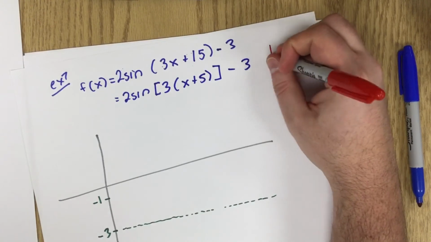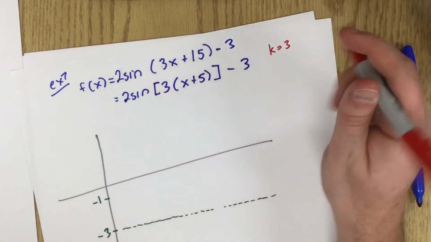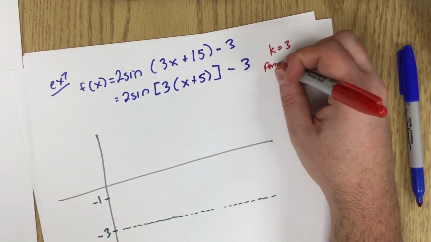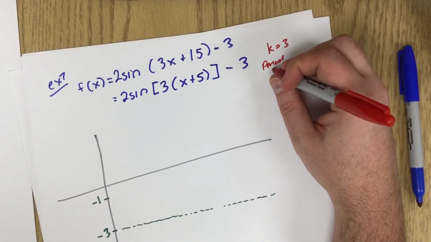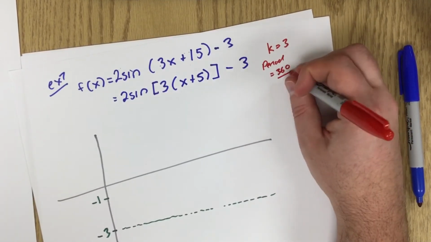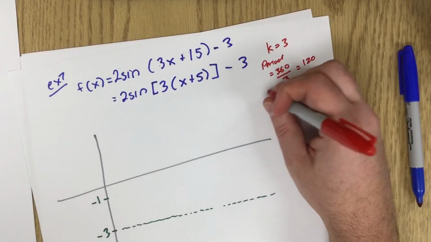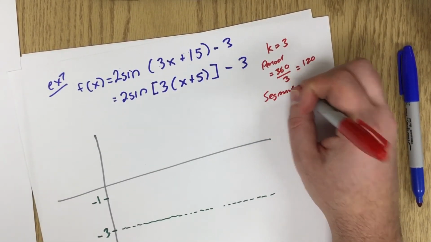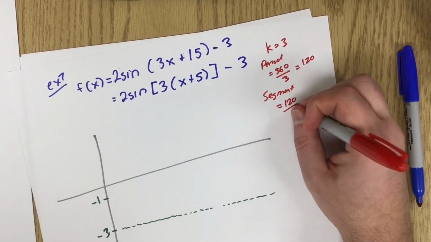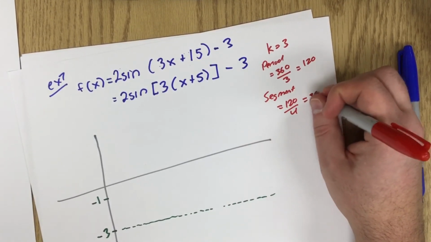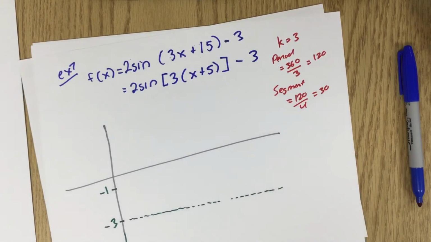So the k value is 3 because of this, not because of this. The period is 360 over 3, which is going to be 120. So a segment is going to be 120 over 4, which is 30.